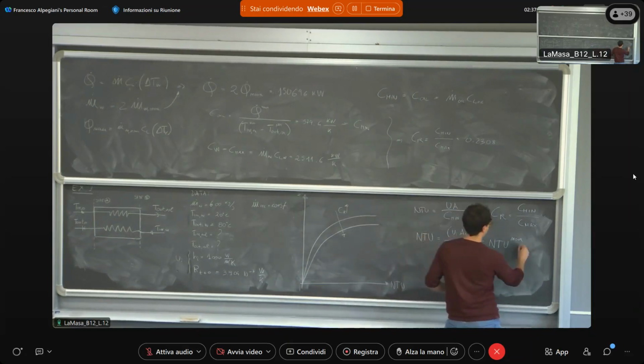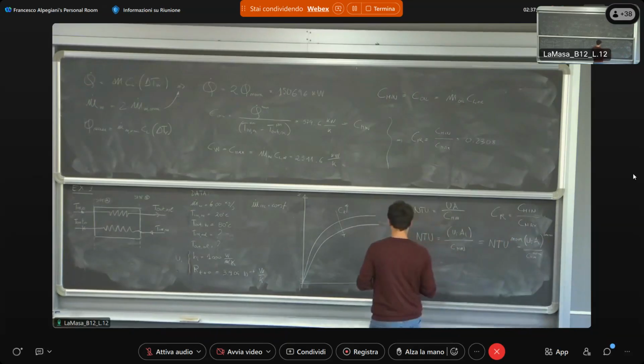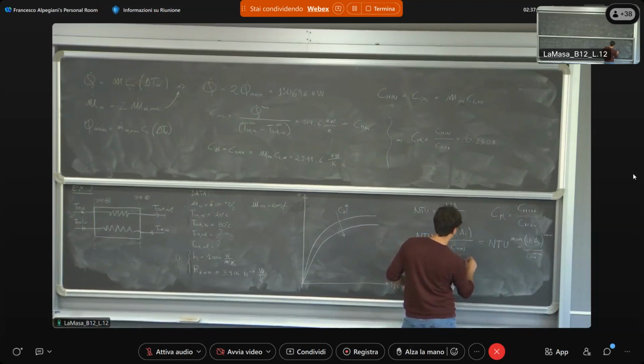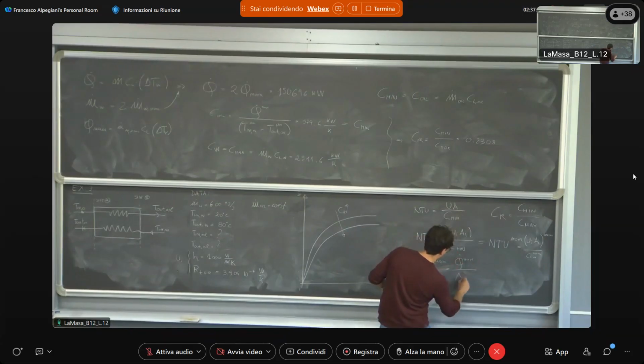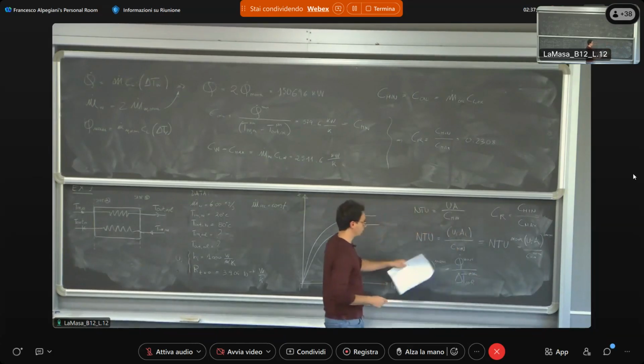So to evaluate UA at nominal condition, we can write that U times A at nominal condition will be equal to the thermal power at nominal condition divided by the mean logarithmic temperature difference at nominal condition, which are all values that we evaluated before.